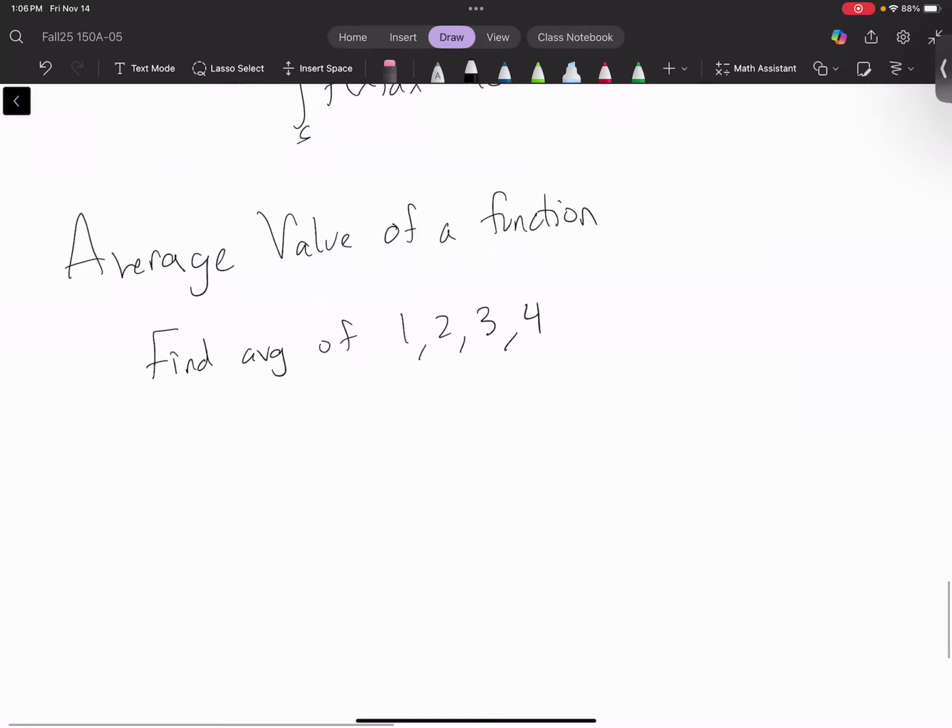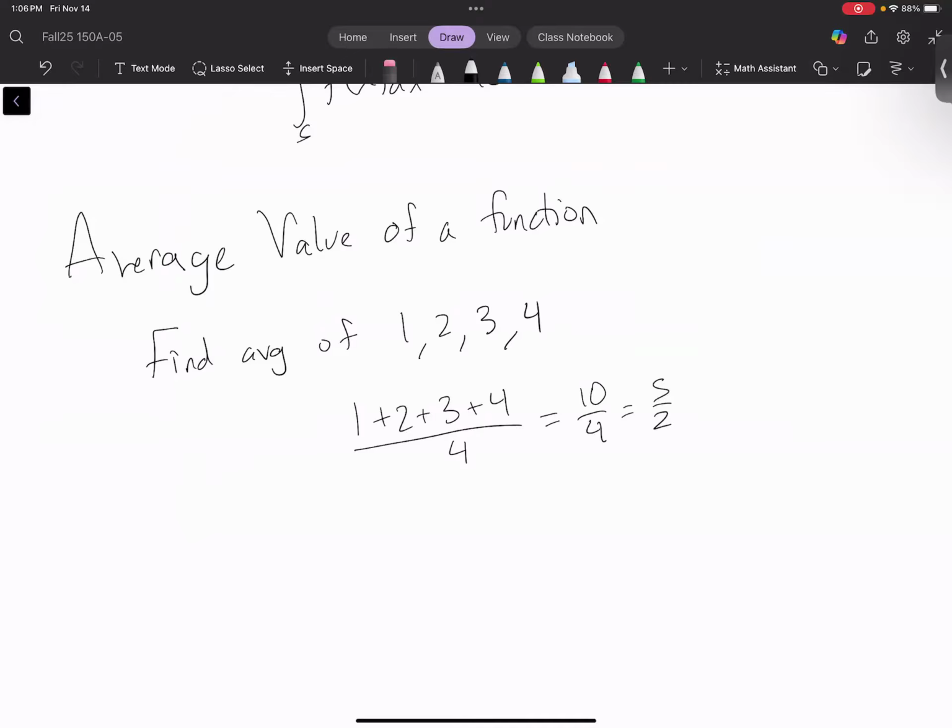Okay. How would you do that? You may not remember. It's okay if you don't. But what we do is we add up all of the numbers and we divide by how many numbers there are. So in this case, this is going to be 10 over 4, which is 5 over 2. Okay. So this is the average of all of those numbers.